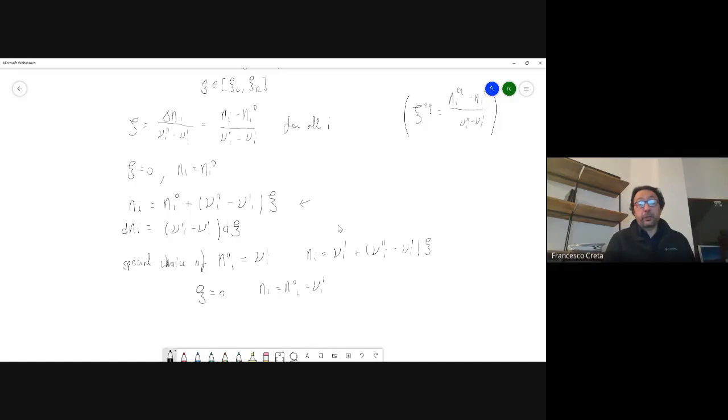Because the composition here is equal to the initial one, there is no change in composition, clearly. As we said before, it indicates the fact that the composition is equal to the initial composition, okay?